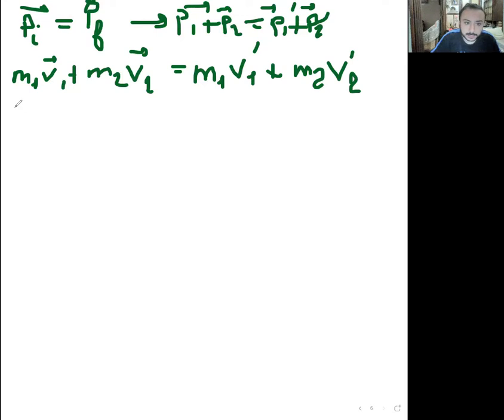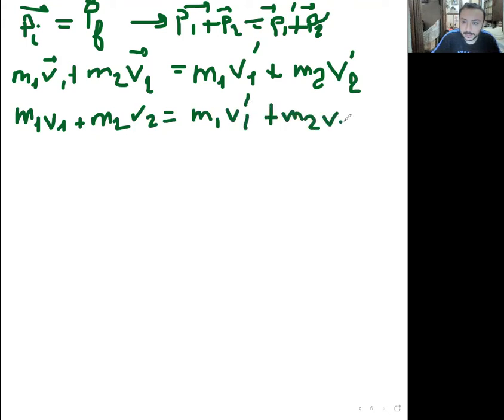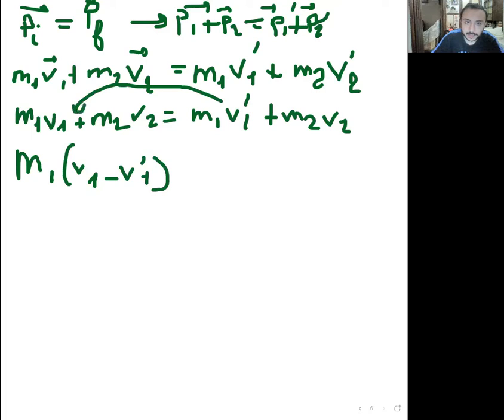Now I will just change the places. I can remove the vectors because they are collinear. So I wrote the same thing again, but without the vectors. And then I can group m1 parenthesis v1 minus v prime 1. So I wrote this here.